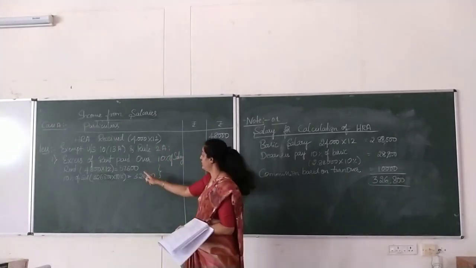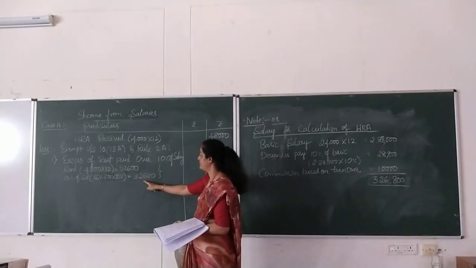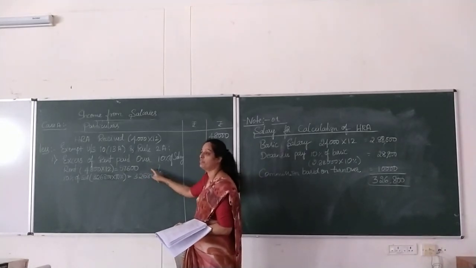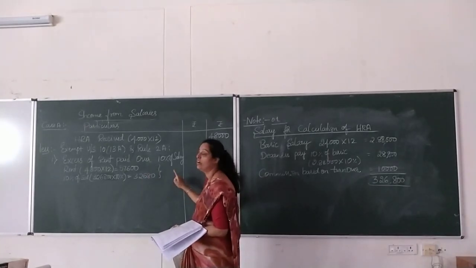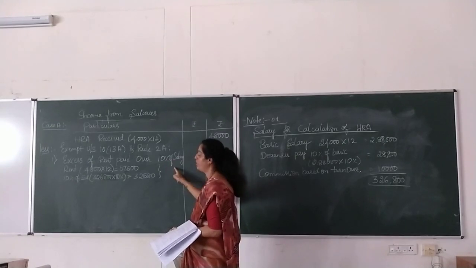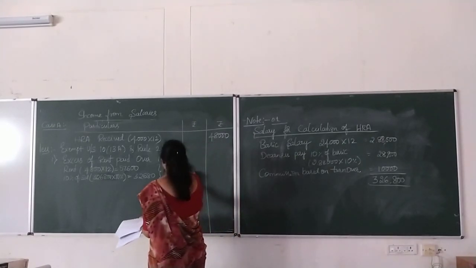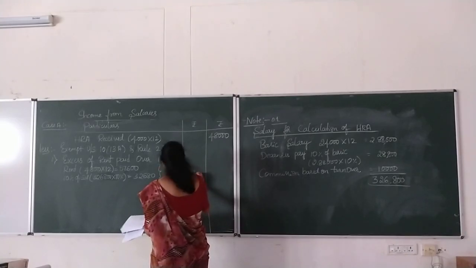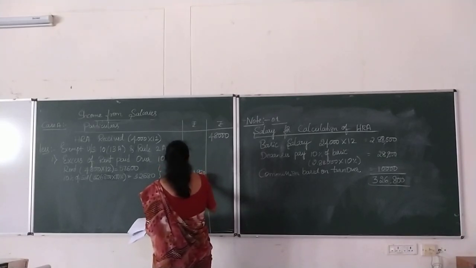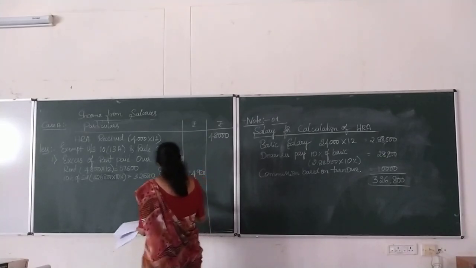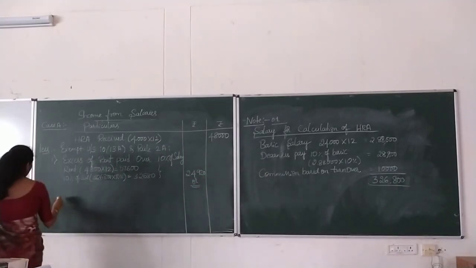If rent is greater than this, the difference amount we should take here, excess of rent paid over 10% of salary. What is that amount? 24,920. Or second one, the actual HRA received.